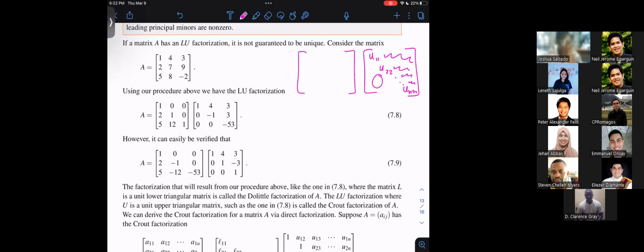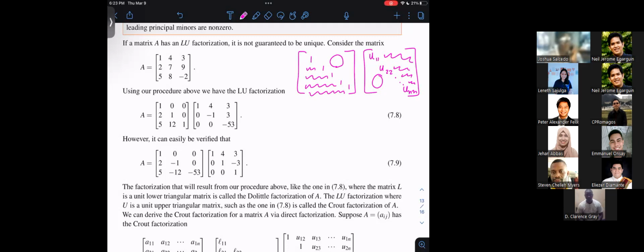And the lower triangular matrix that we get from the factorization we discussed will be a unit lower triangular matrix. All the diagonal entries would be 1. It's lower triangular, so all entries above should be 0. Then we'll have a bunch of numbers here, which come from the multipliers of the row operations, right? So that's how we get the factorization.